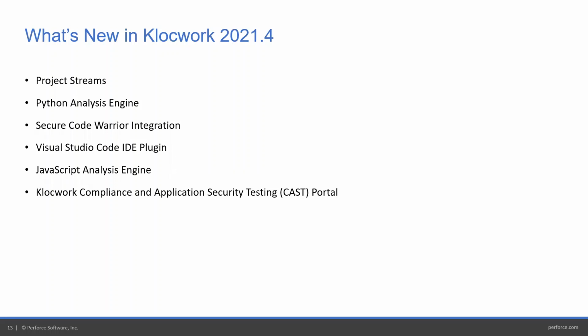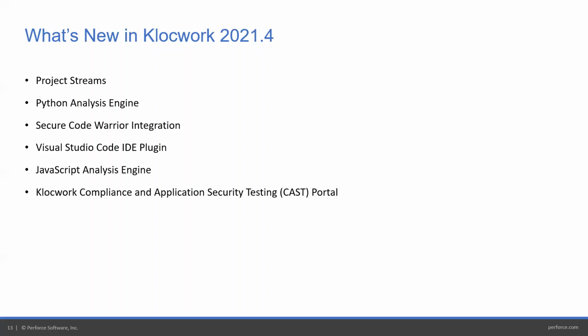Okay. I know we have something called the Clockwork Compliance and Application Security Testing Portal, which will help you visualize Clockwork results as well as QAC results in a single platform. QAC is again a static analysis tool. Clockwork is also a static analysis tool, but both products are from the same single parent company.